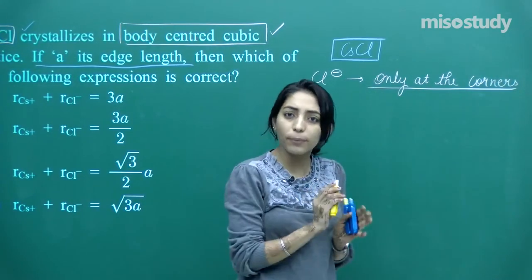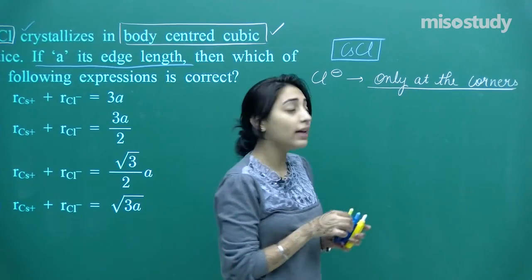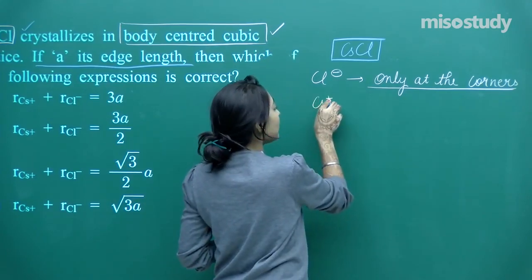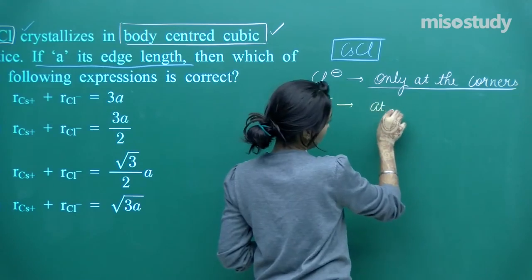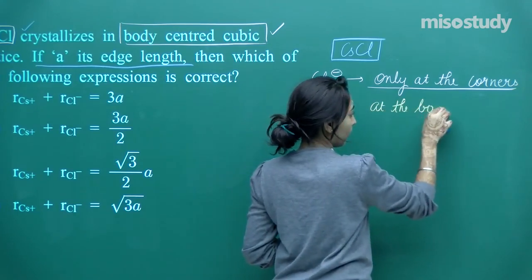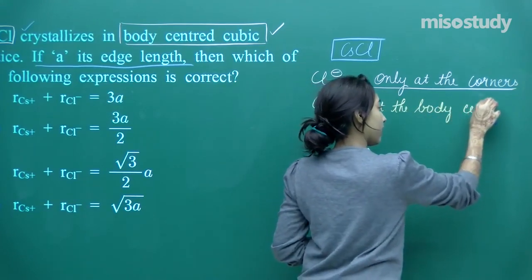So they must be present at the corners, and the cesium plus is present at the body center.